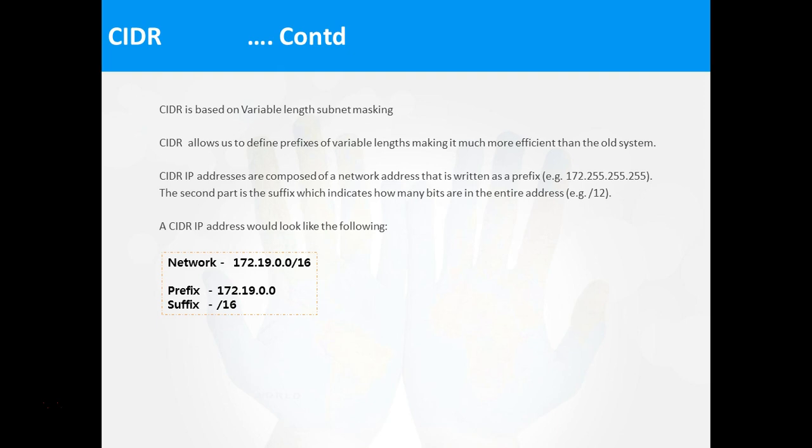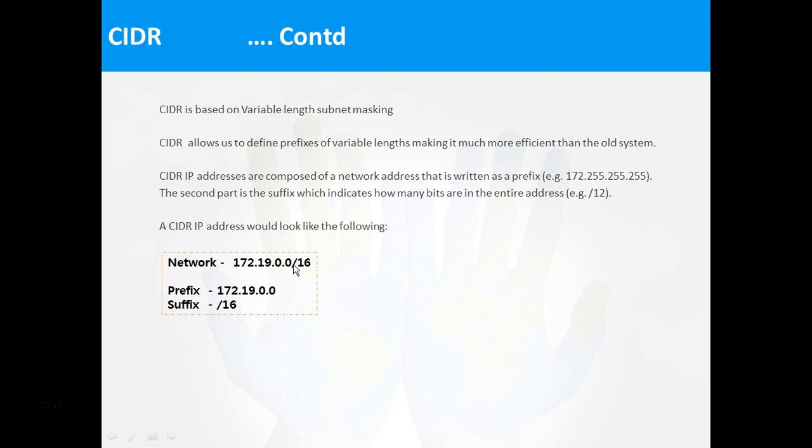So VLSM, the variable length subnet masking, makes the prefixes of variable length. An example of a CIDR notation is given below. You just include a slash and mention your CIDR length.